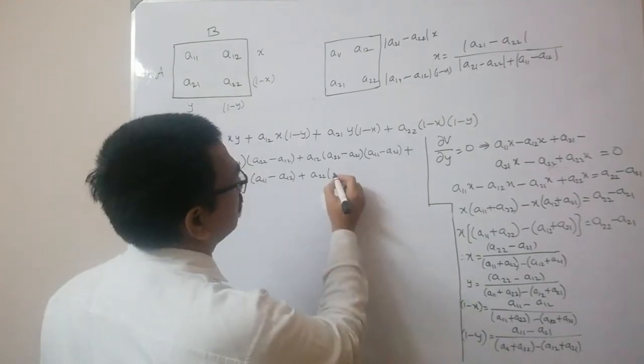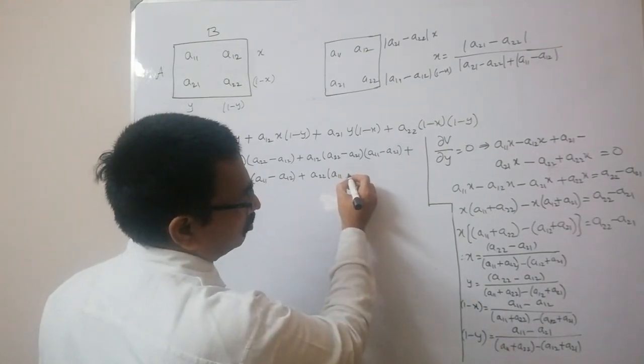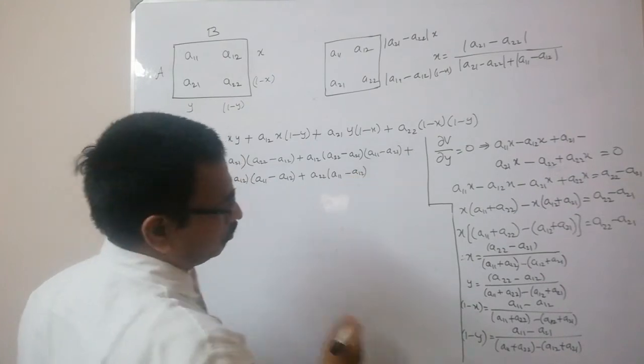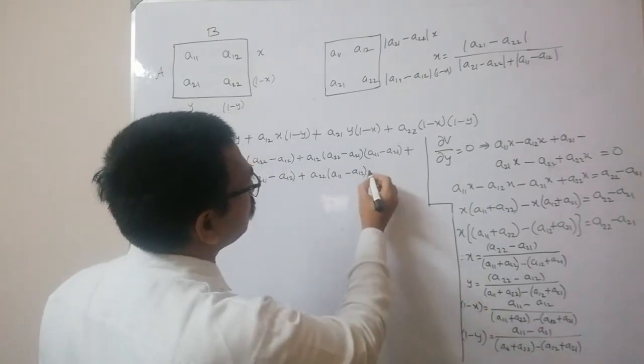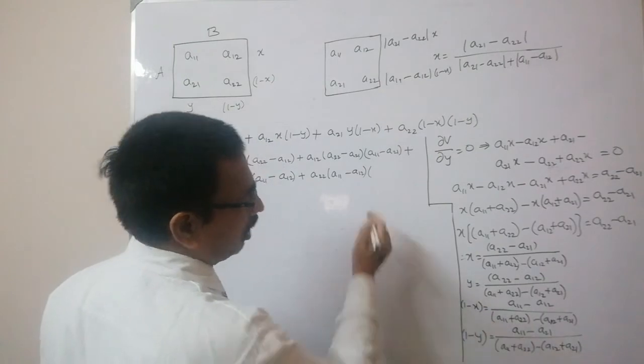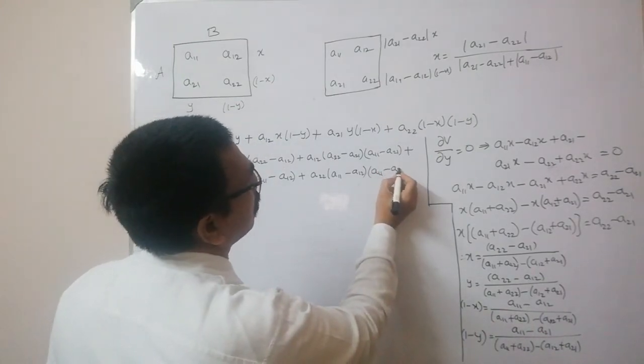So for 1 minus x we have a11 minus a12, and for 1 minus y we have a11 minus a21.